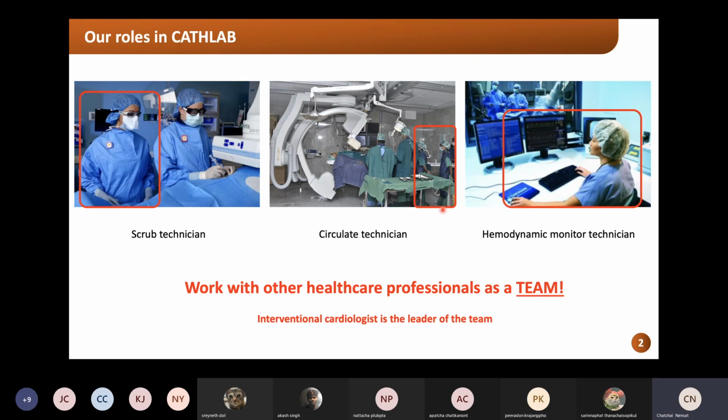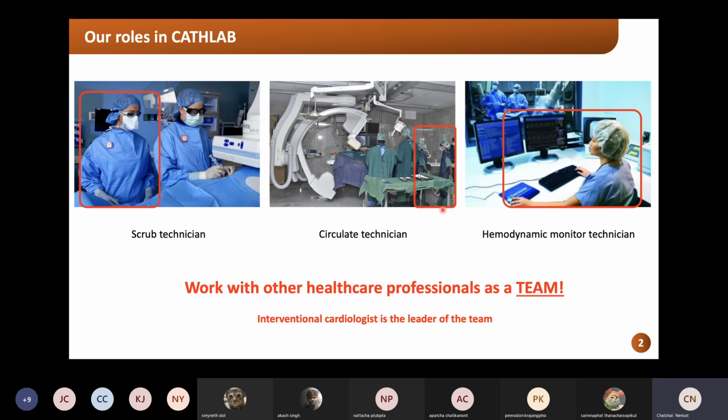If they see some changes like slow heart rate or bradycardia, or VT, VF, or PVC, that we call premature ventricular contraction, right? If you see something that can interrupt the procedure or worsen the outcome to the patient while doing the procedure, you have to warn the doctor immediately.